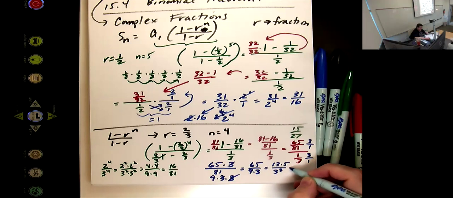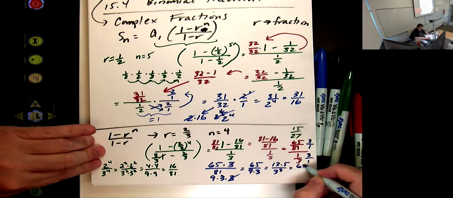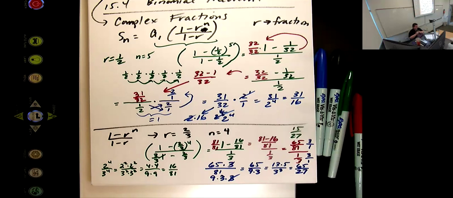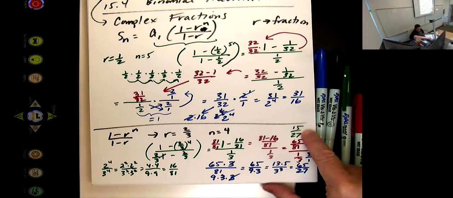It looks like the simplest it goes is 65 over 27. Now, if you'd gotten that, this one would clean up more, because you could see that they're both multiples of 3.